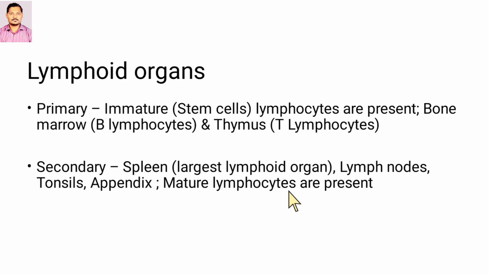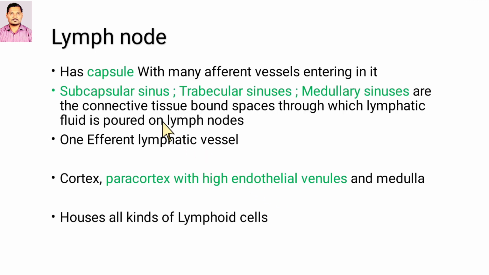Okay, what is the lymph node? It is a secondary lymphoid organ which has a capsule with many afferent lymphatic vessels entering it. It has a subcapsular sinus, trabecular sinus, and medullary sinuses, which are connective tissue bound spaces through which the lymphatic fluid is poured onto the lymph nodes.